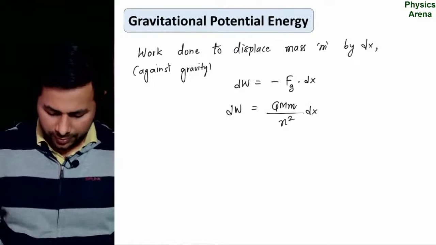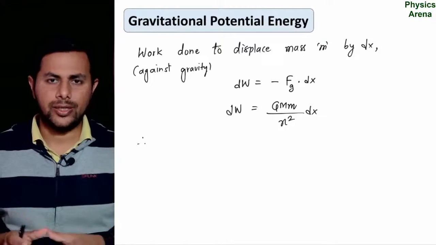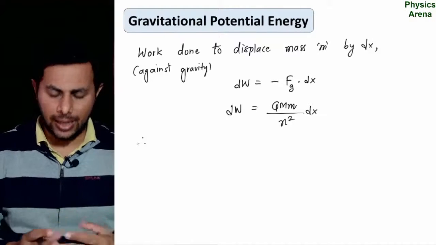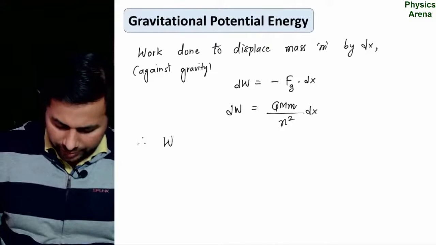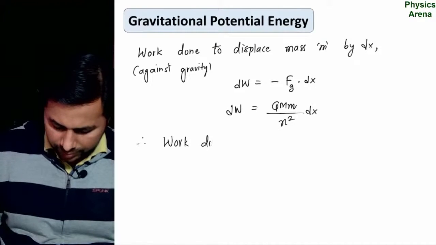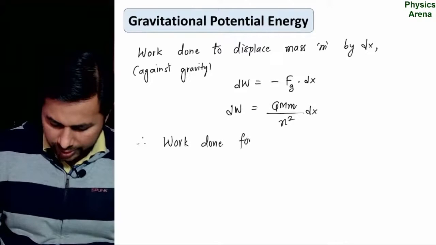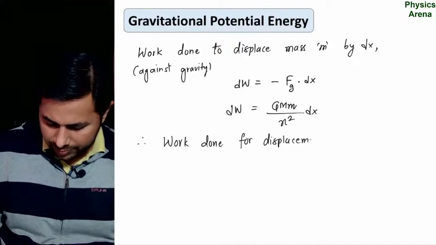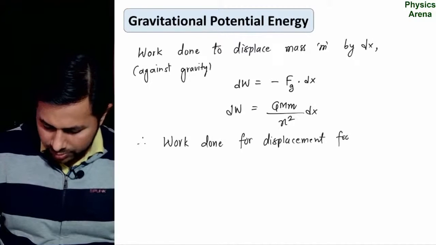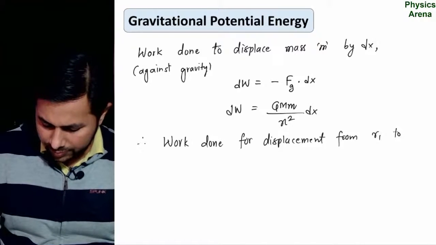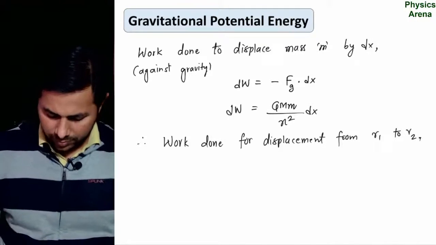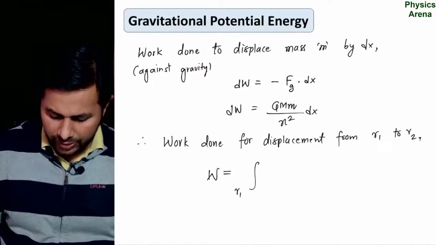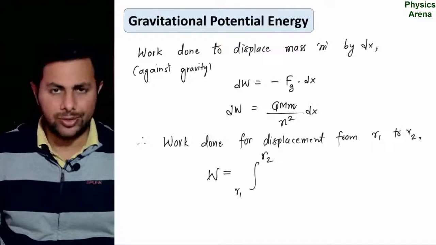Therefore, the work done to move it from some initial distance r1 to final distance r2, the work done for displacement from r1 to r2, is the integral from r1 to r2 of dW.